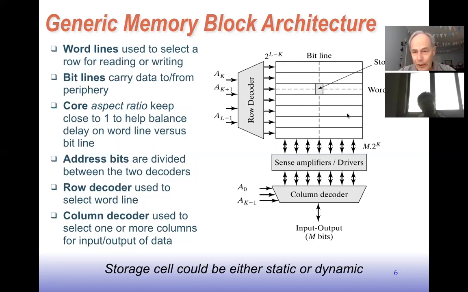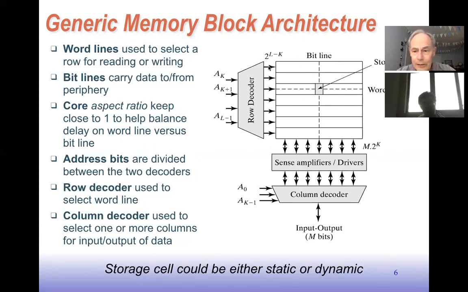So there's this core area here where we store a lot of bits, to be stored in a two-dimensional array. And then there's some periphery circuits that are used for reading and writing those bits. So we're going to talk about the operation later, but I want to define some of the important aspects of this architecture.